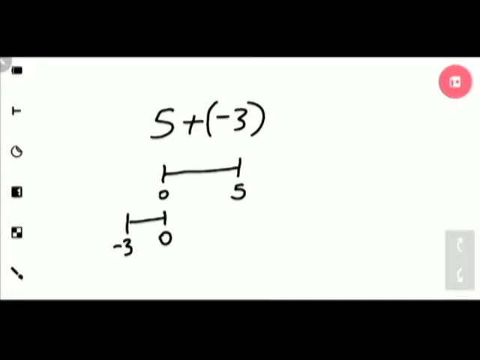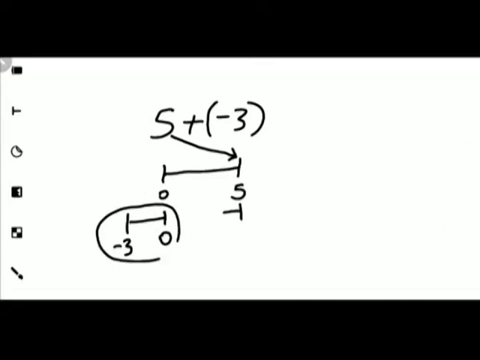Since we are adding, we are going to start here, and we are going to move backwards this amount. So we're going to move backwards -3, which would give us 2.